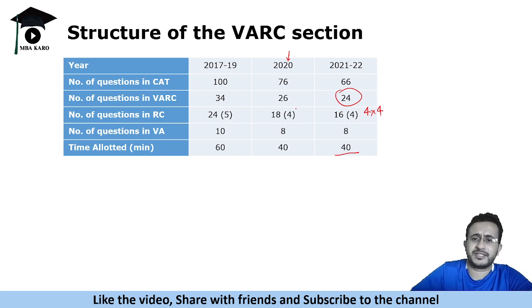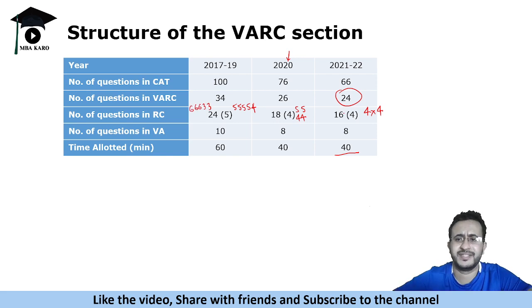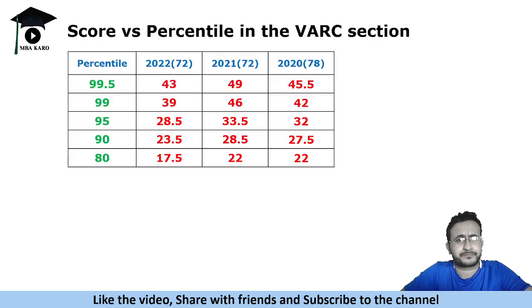Previously it was 5-5-4-4, or 5-5-5-5-4, or also 6-6-6-3-3. So now it is standard that there are 4 passages of 4 questions each. So 16 questions in RC, 8 questions of VA, so total 24 questions need to be done.